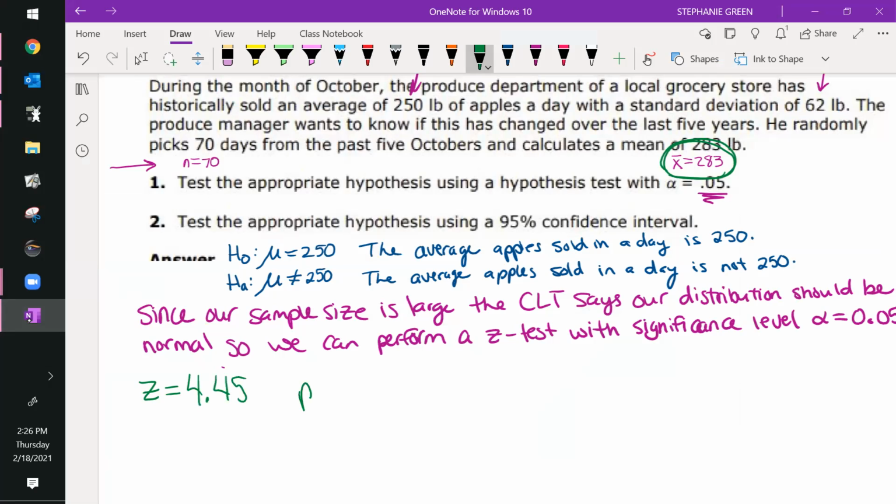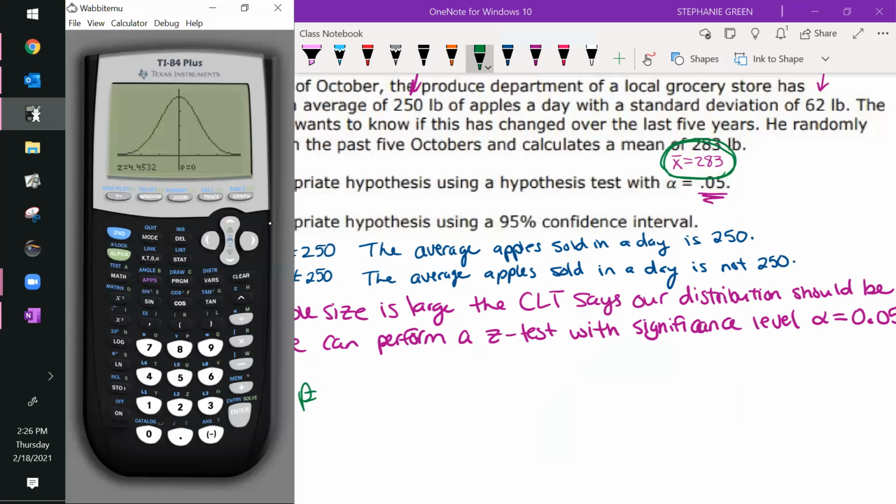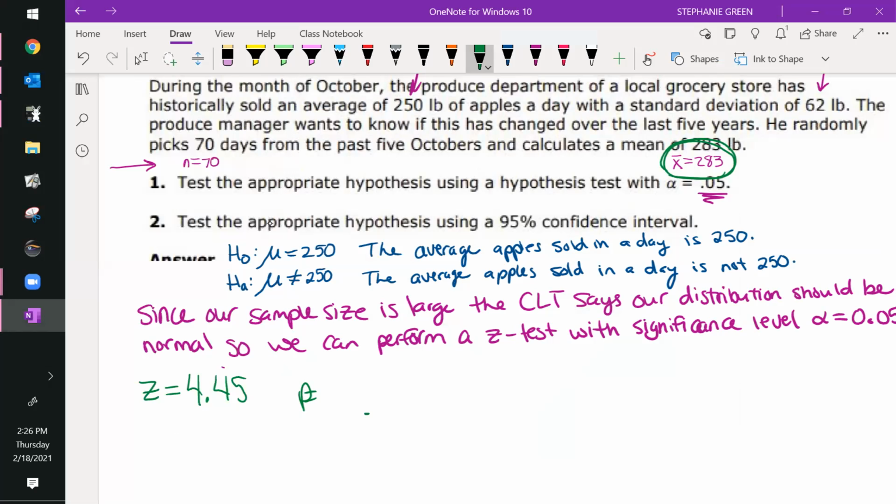And our p-value was 0. Okay, so I can talk about that. Our p is approximately 0. Obviously, nothing is impossible, so it's very, very close to 0.